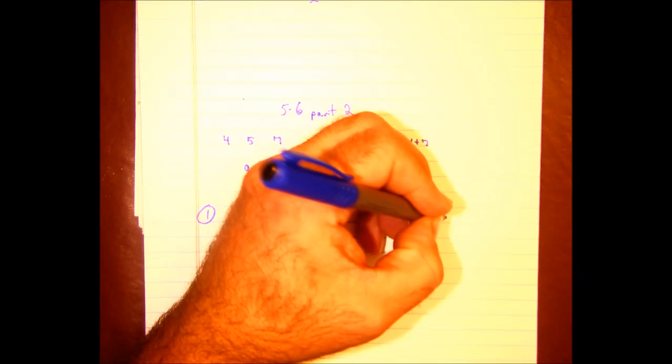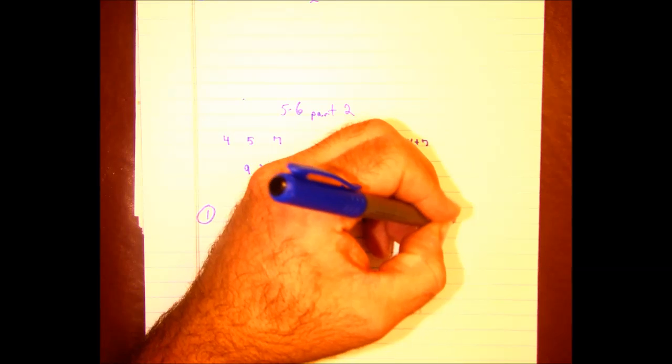Can those sides be a triangle? Okay, have your answer. Then the next one would be this one. Can these three be a triangle? And then the third one I'm going to give you is this.